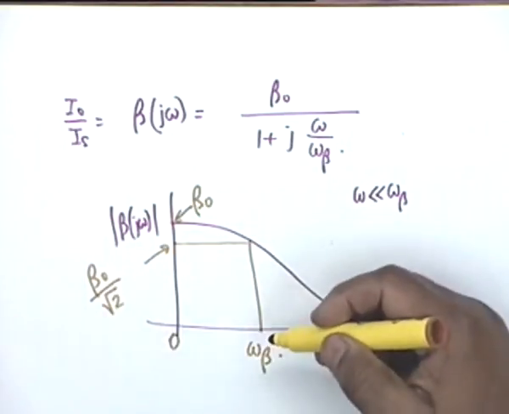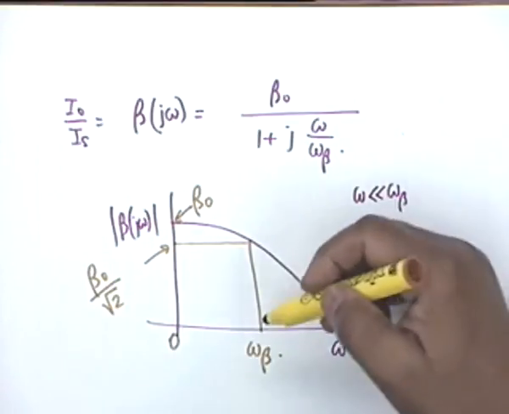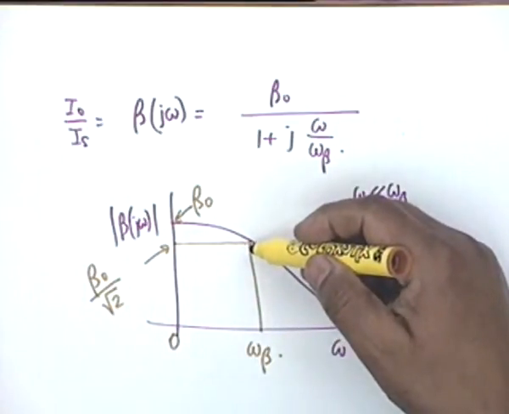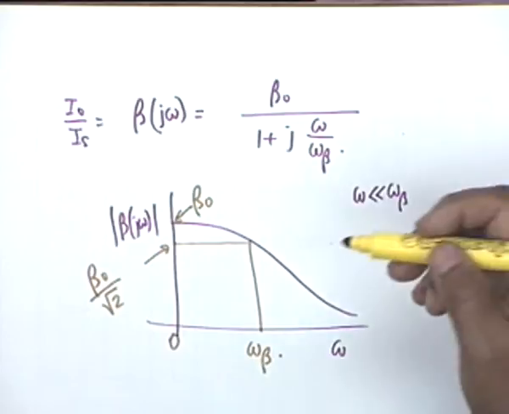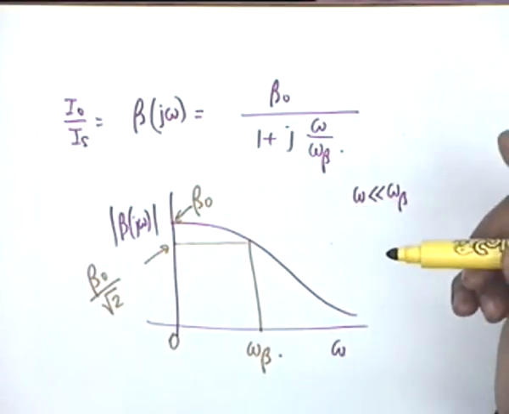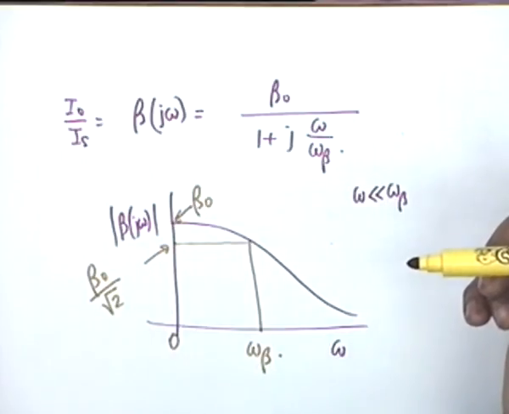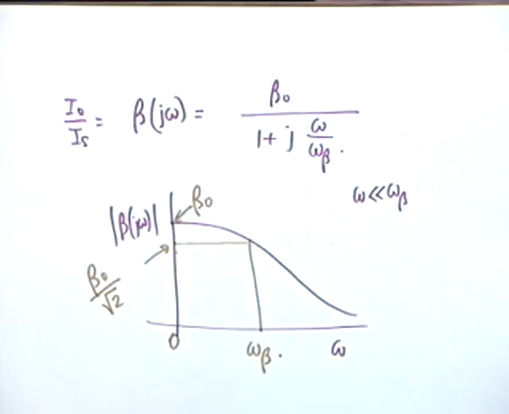So omega beta is a cutoff frequency. Omega beta is the frequency, in magnitude, beta 0 by root 2, at which beta comes down from its DC value by 3 decibels. Agreed? If we take the dB value here and here, the difference will be 3 decibels.